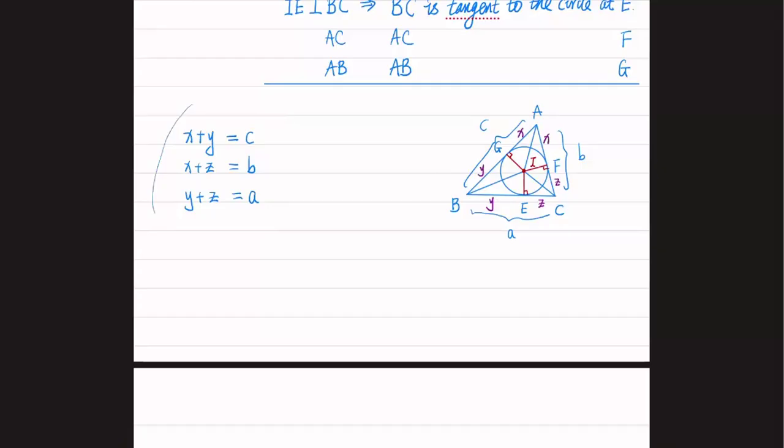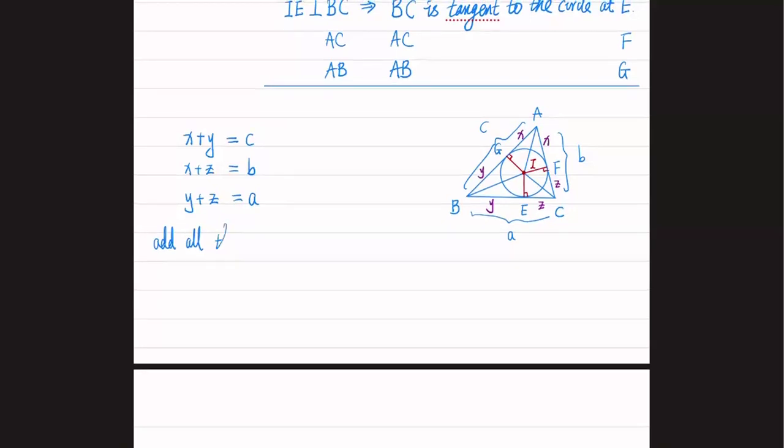What do we have? If we add these, what do we get, Aaron? 2x plus 2z plus 2y equals the sum of a, b, c. So we add together the three equations. 2x, 2y, 2z equals a plus b plus c.